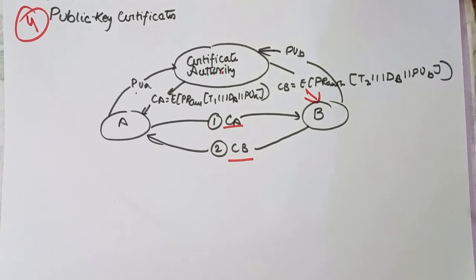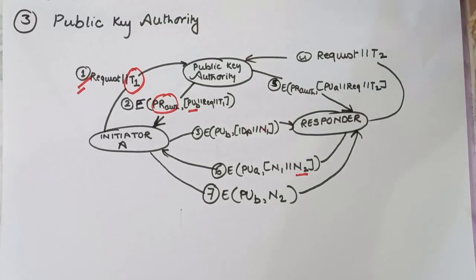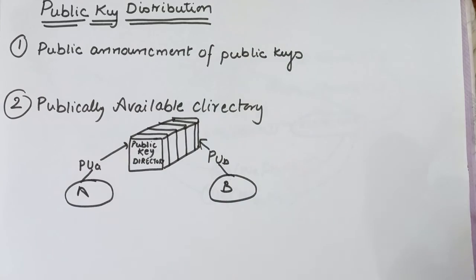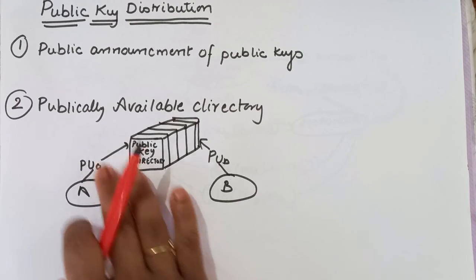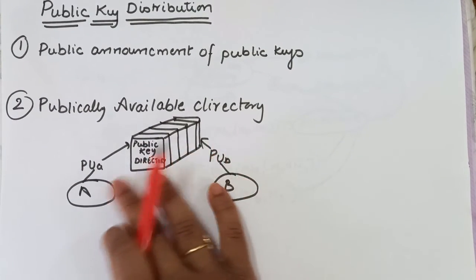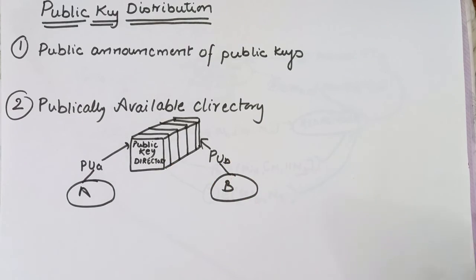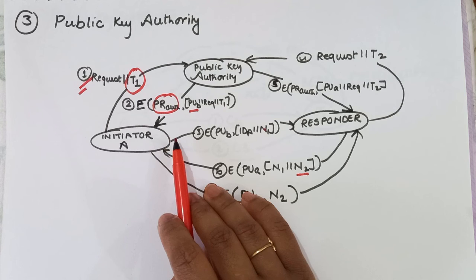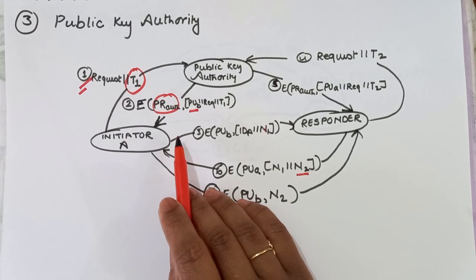So basically we saw four methodologies of communicating public keys. One was simple, just the announcement. The second one was where we kept the public keys with the public key directory. The third one was where the public key was not openly being transmitted.